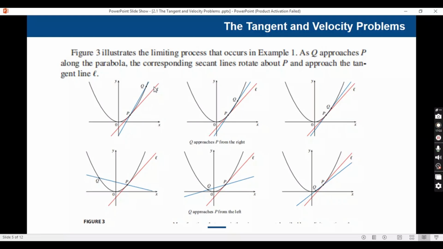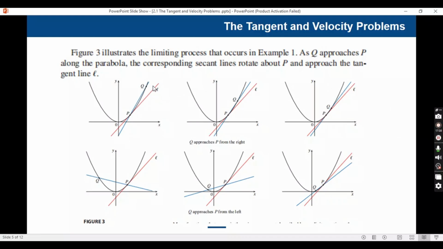So we are talking about L, the tangent line, right? L is the tangent line and the secant line is the blue one. I'm not sure if you can see. Can you see? Yes. Okay, so now at the top it's showing where the secant line is approaching the tangent.